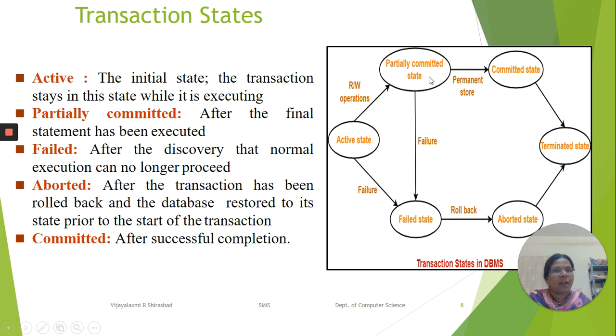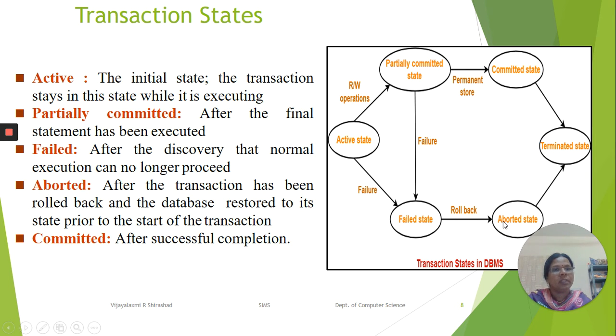If after the partially committed state it is not able to get permanent storage to complete its transaction, then obviously it reaches the failure state. Even if it is not able to perform a read or write operation, it also reaches the failed state.